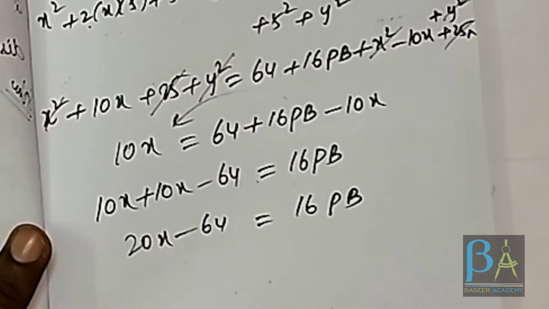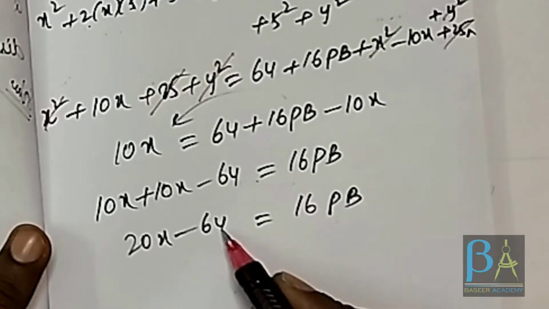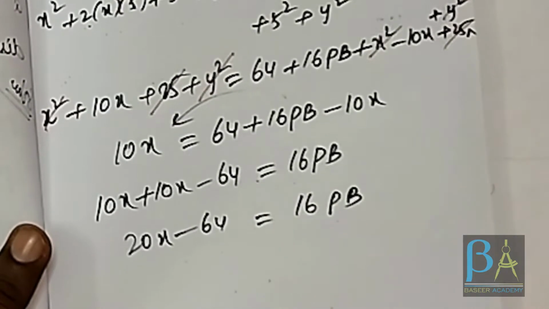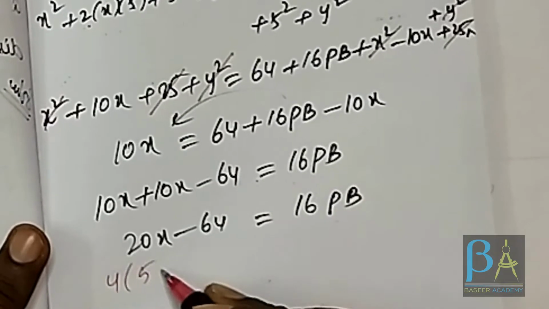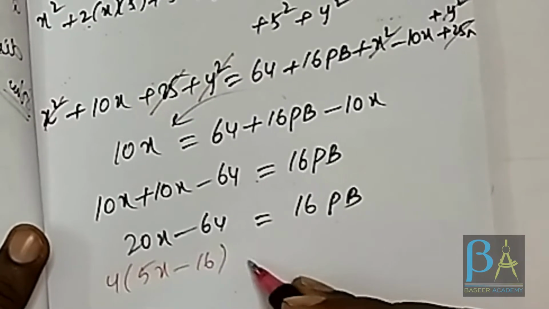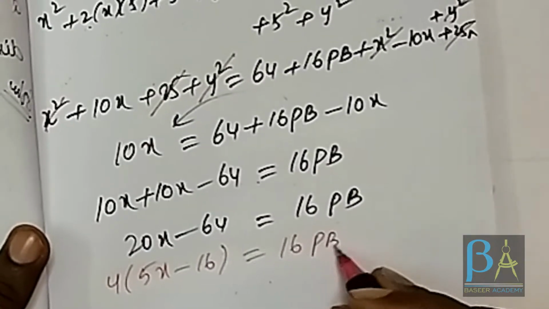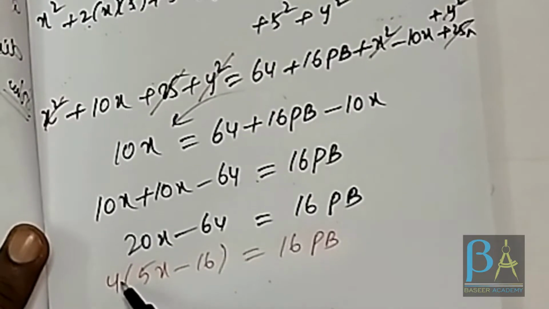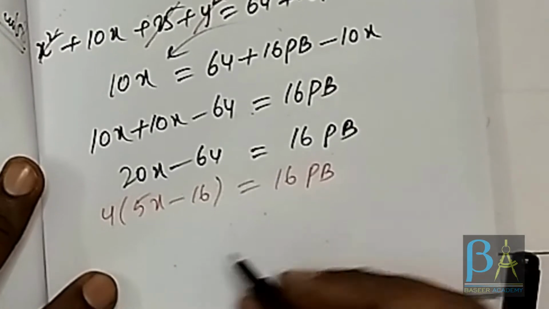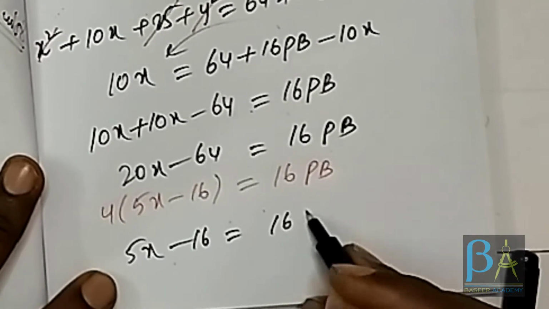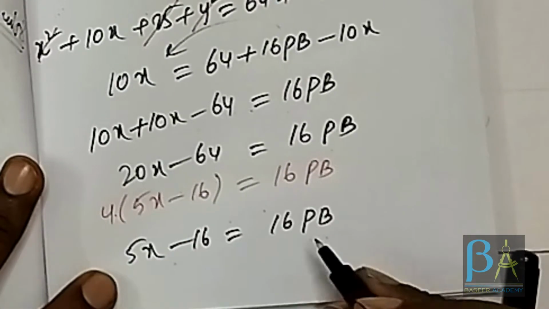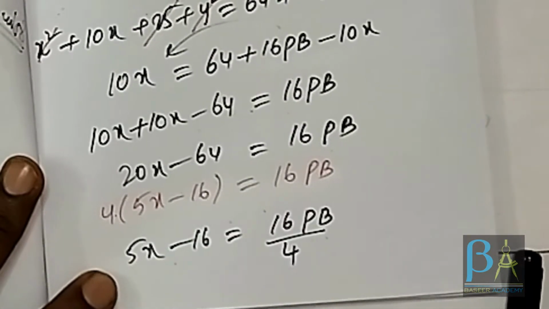I see that 20 and 64, they both go by the 4 table. So let me take 4 common from the left hand side. 4 into 5 is 20, 4 into 16 is 64. Now this 4, since it is multiplying on the left hand side, is going to divide on the right hand side. So 5x minus 16 is going to be 16 PB divided by 4.